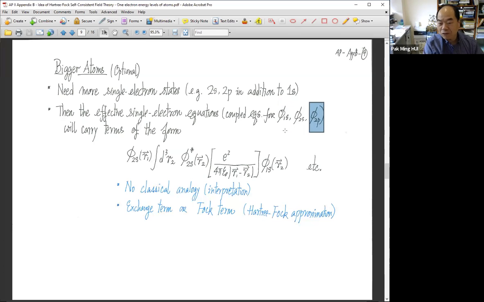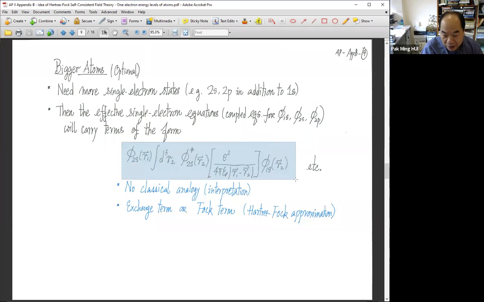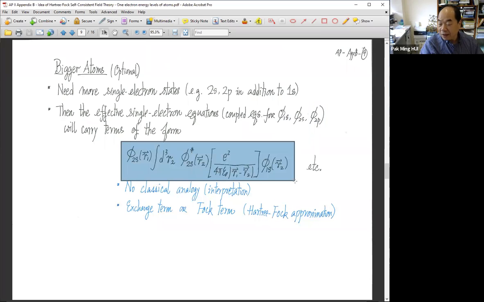But in each of these equations, you will have the other electrons filling in these orbitals to provide the average potential energy function. When we do this, we will see suddenly we have some funny term in the effective Hamiltonian. I write down one here, okay?